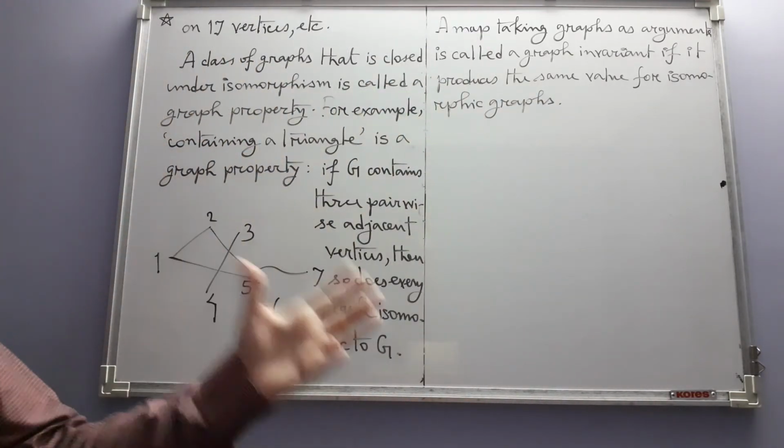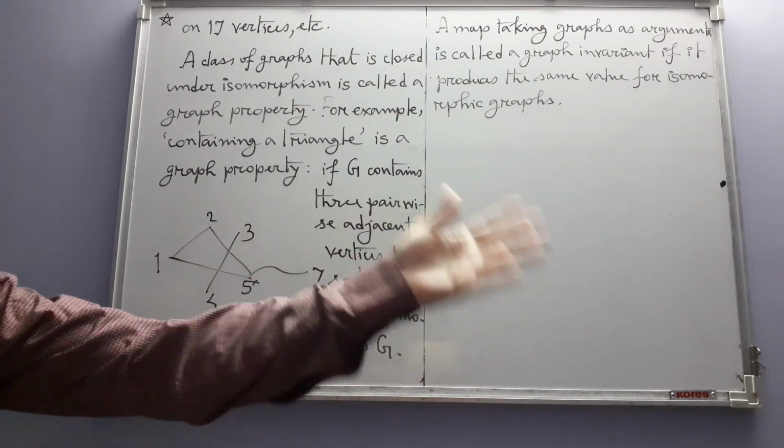So say you have a mapping whose input is a graph, the output may be anything.